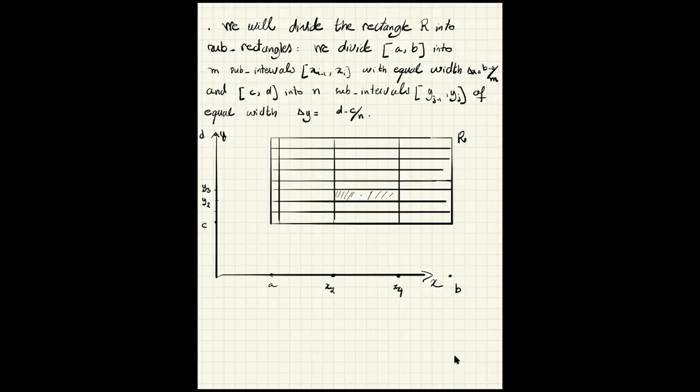For example, in this case, we call it R43, going with the upper corner point, 4, 3.